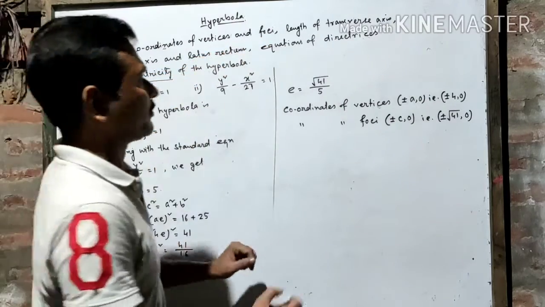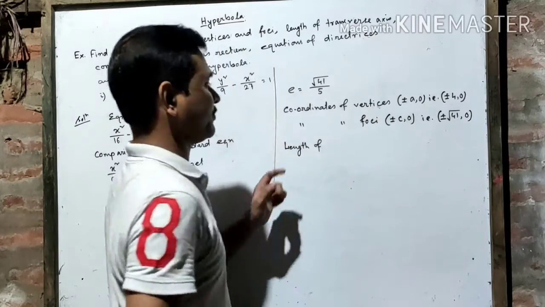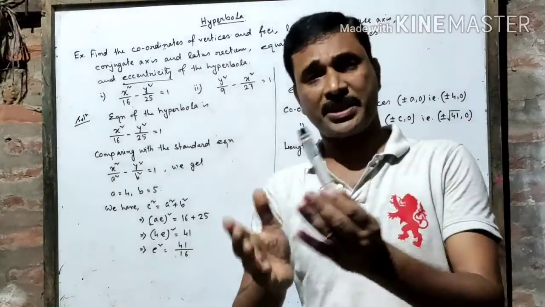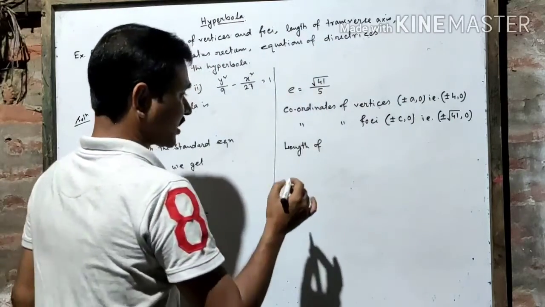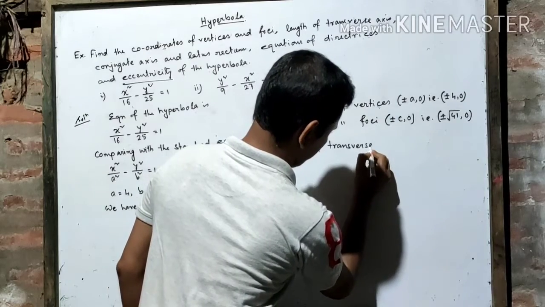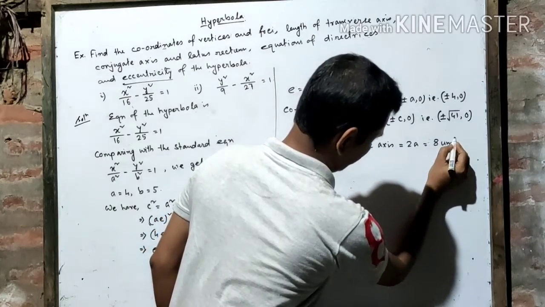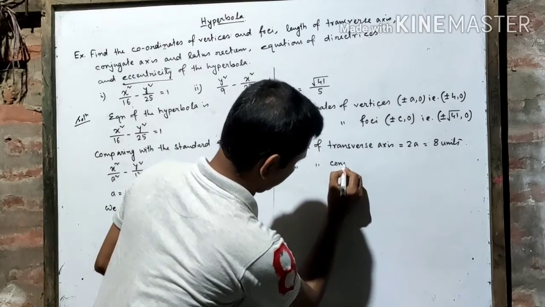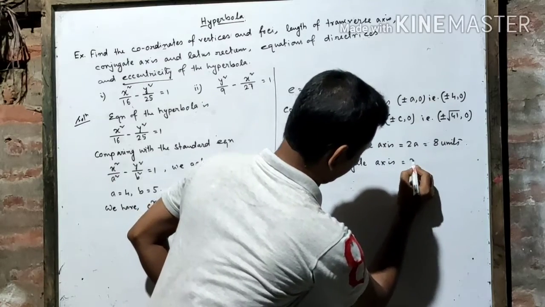Then length of transverse axis. Sometimes you may be asked, what is the length of semi-transverse axis? So length of semi-transverse axis is a, and length of transverse axis is twice a. Length of transverse axis is equal to twice a, is equal to 8 units. Length of conjugate axis is equal to twice b.